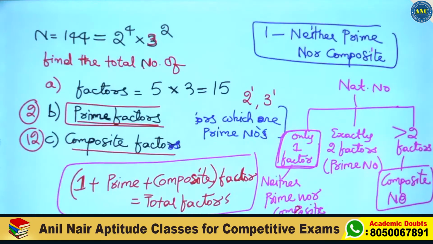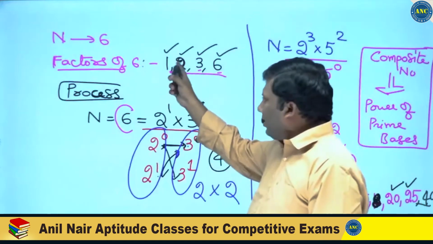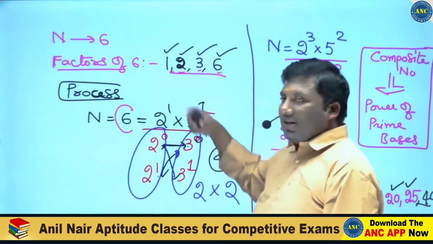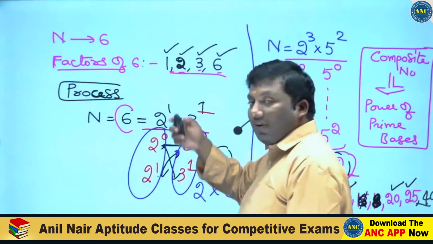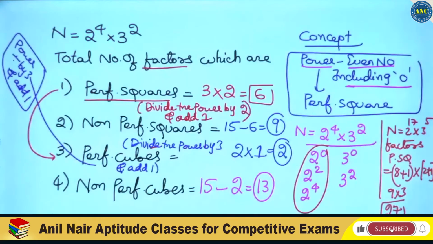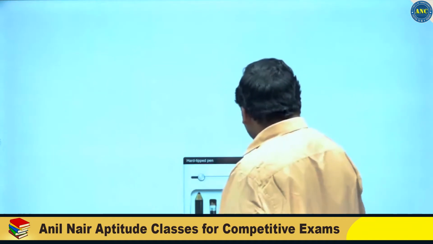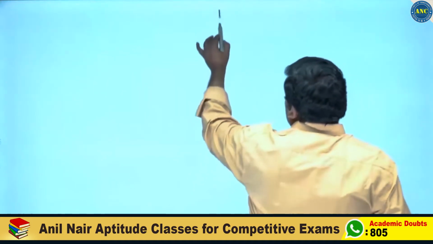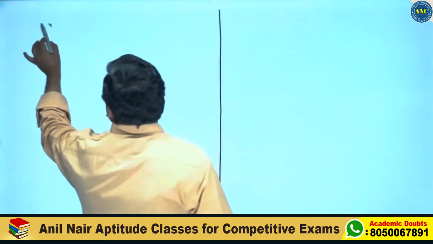Now let us get into it. See, these are the factors. He is telling what will happen if I add these factors, and what will happen if I do the product of the factors. Now here we will do the sum of the factors on the left hand side and the product of the factors on the right hand side.